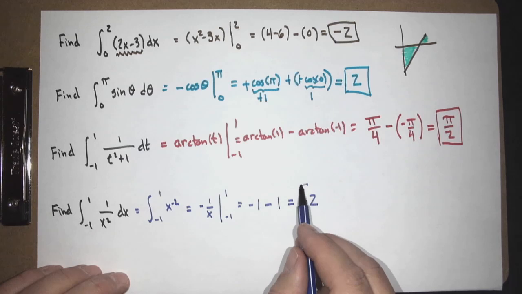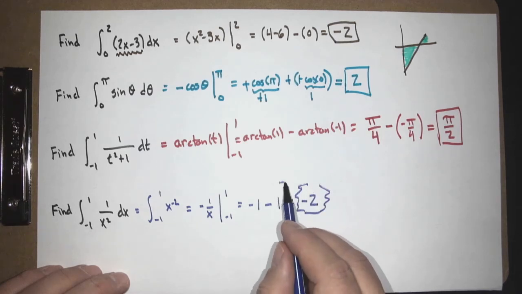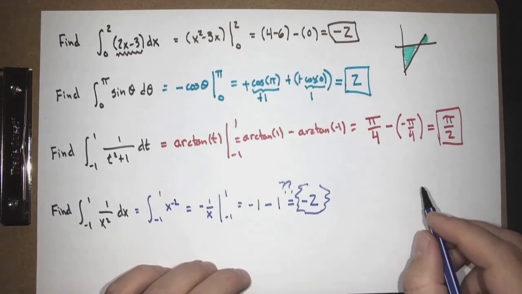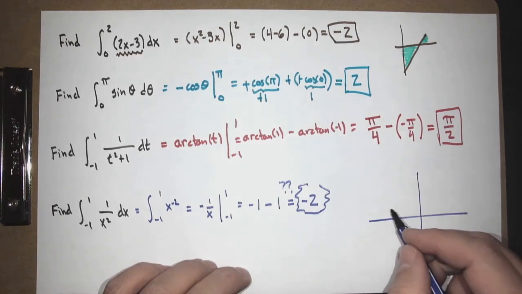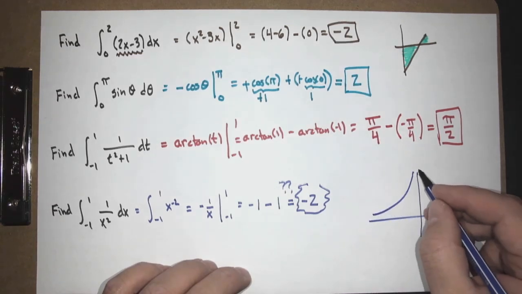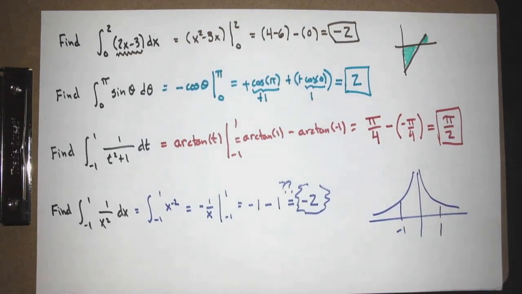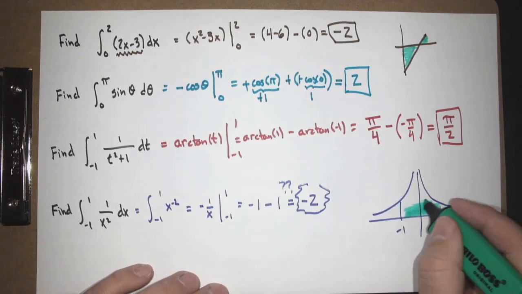Okay, now this, you're probably like, cool, cool, cool, we're done, right? That's clearly the answer, right? But something suspicious happened here on the way to the answer. We went from -1 to +1. We were finding this.